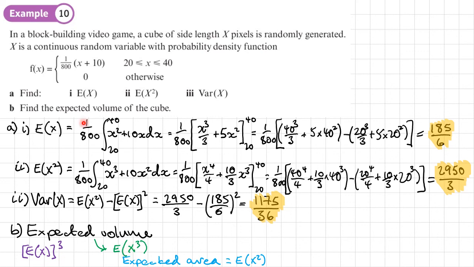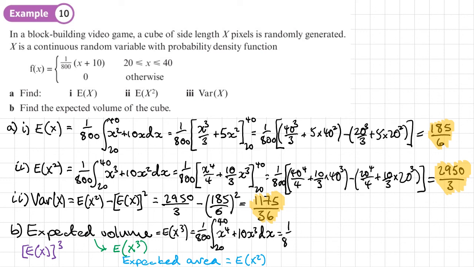So that's going to be another integration, but where we multiply this by x cubed. So expected volume, E of x cubed, and that will be equal to 1 over 800 between 20 and 40, and this we need to multiply by x cubed, so we'll have x to the power 4 plus 10x cubed.